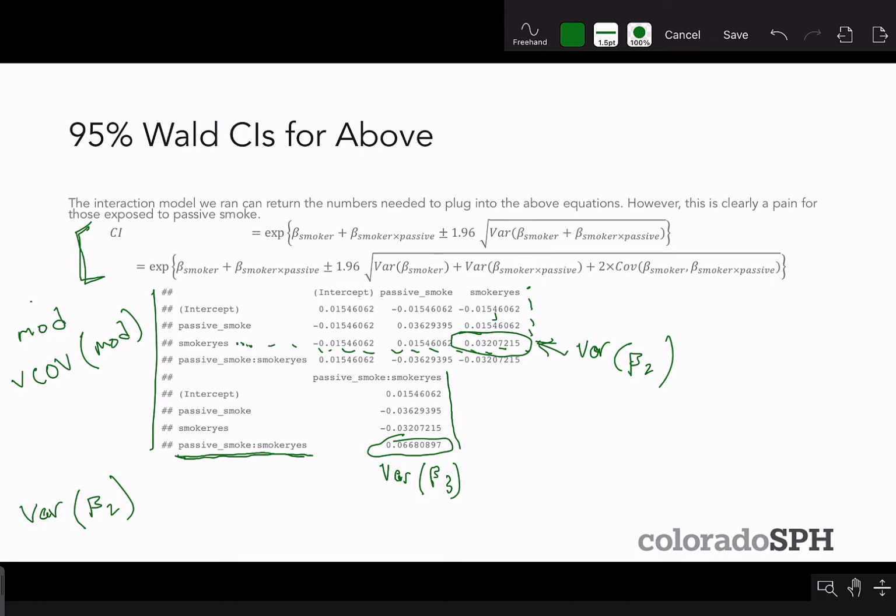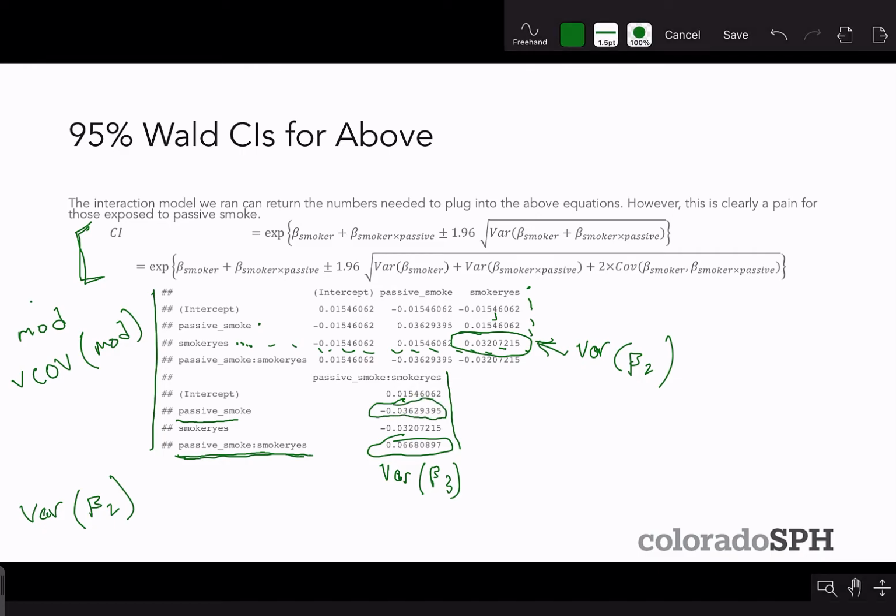And then the covariance between beta 2 and beta 3, you want the covariance between passive smoke and the interaction term. So in the row, I look for passive smoke, and then I see where it meets the column for the interaction term, and that's this one here.